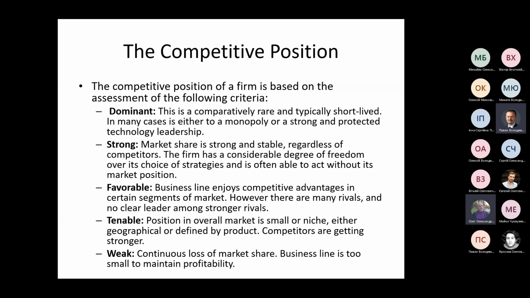If you ask for my opinion, now you know three principal possible ways to define the competitive position of the strategic business unit. The first is BCG.